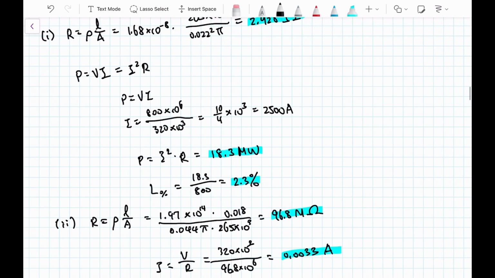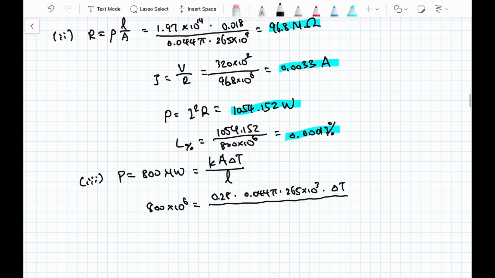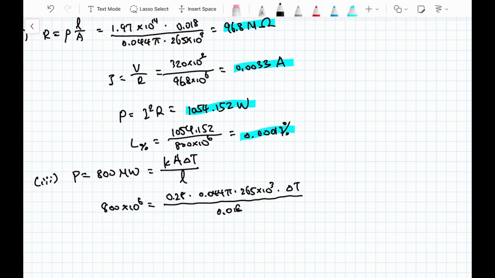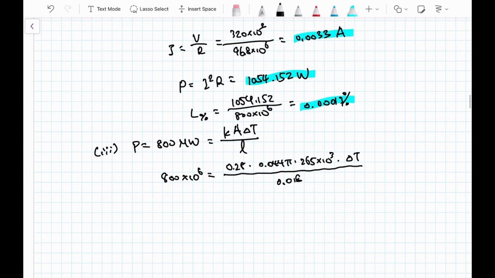So that will be 4 centimeters minus 2.2, which is 1.8 centimeters, and that is 0.018. And then we can calculate delta T.